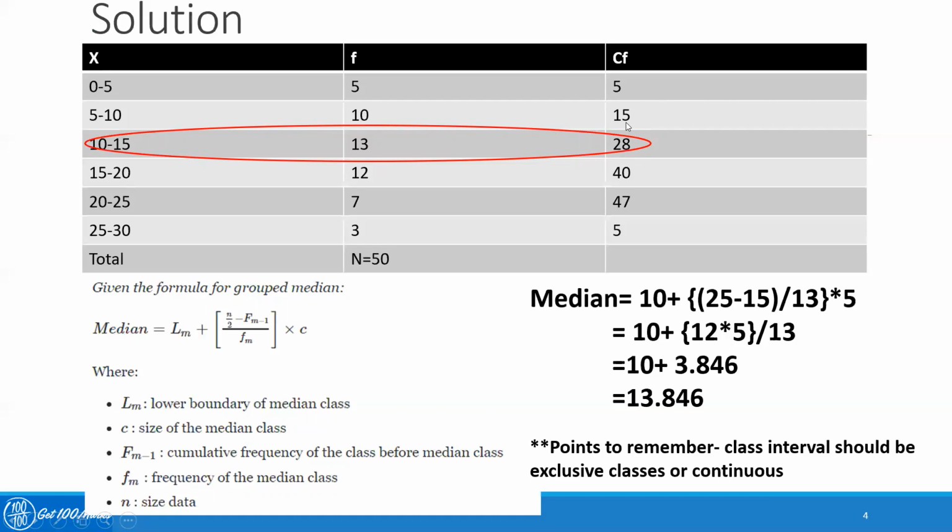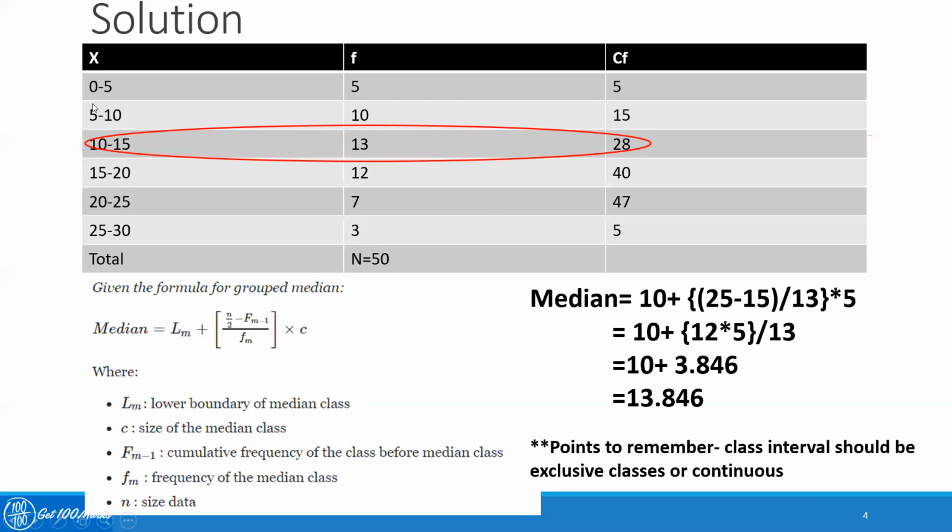The previous cumulative frequency is 15. So n by 2, which is 25 minus 15, divided by fm. Fm is the frequency of the median class, which in my case is 13. You have to check in the f column and we are getting 13. So divided by 13 into common width.